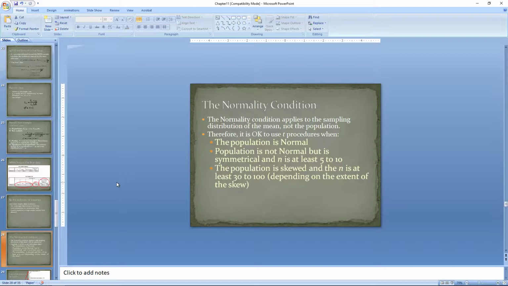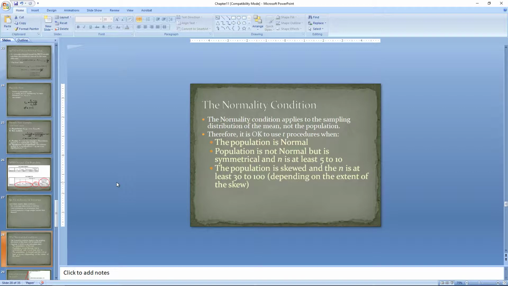So the normality condition applies to sampling distributions of the mean, not the population, right? We're not looking at the population, we're looking at our sample. Therefore, it's okay to use t-procedures when the population is normal; when the population is not normal but is symmetrical, and the n is at least 5 to 10 participants; and when the population is skewed, and the n is at least 30 to 100.